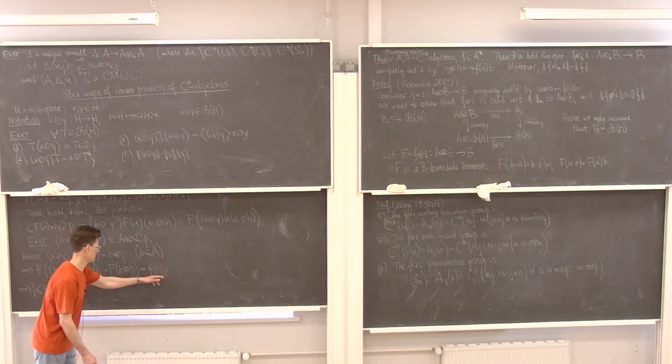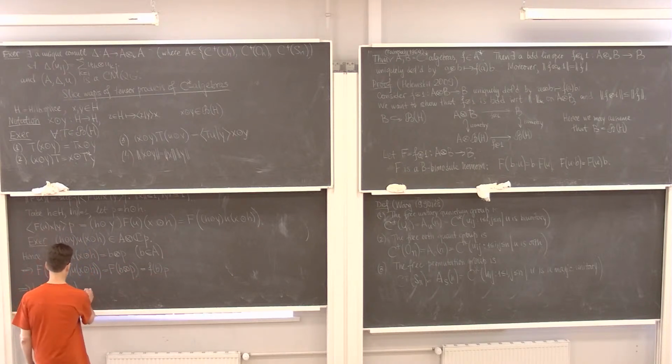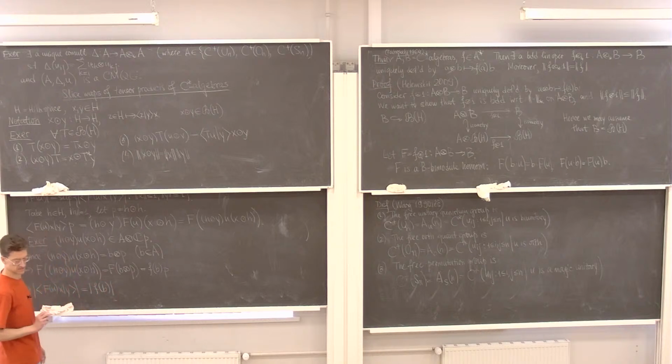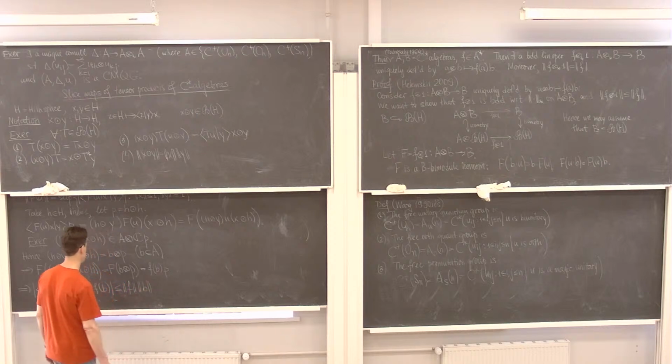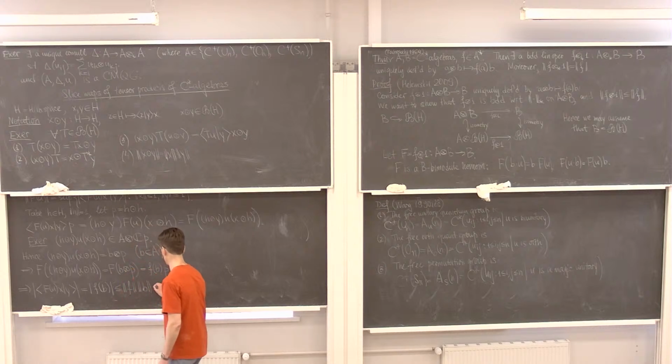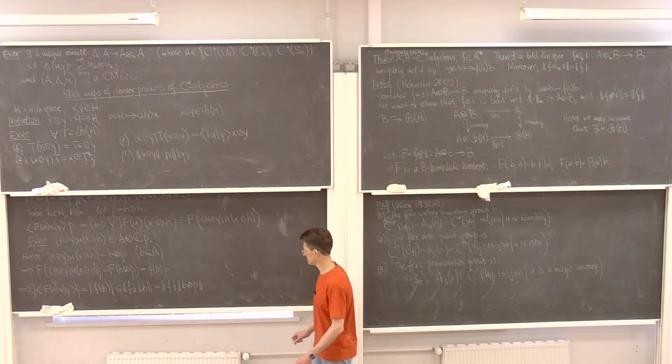And the norm of this operator is just the absolute value of little f of b, which is less than or equal to the norm of f times the norm of b. We now replace b by b tensor P, because the norm of P is 1.